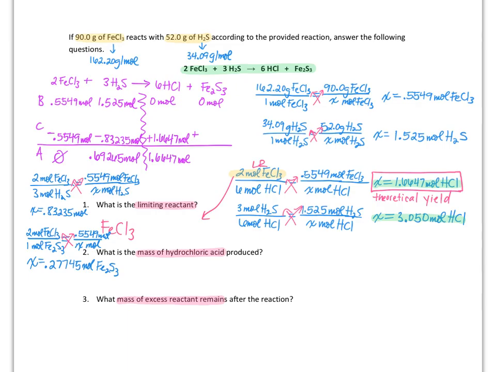Plug this into my BCA table for both the change and the after. 0.27745 moles in both places. Okay, so let's highlight what we have that we need to take for number 2 and number 3. And that is for number 2, the moles of our HCl that we're going to want to turn into grams.